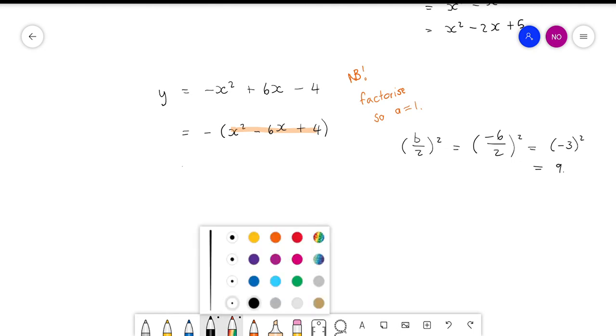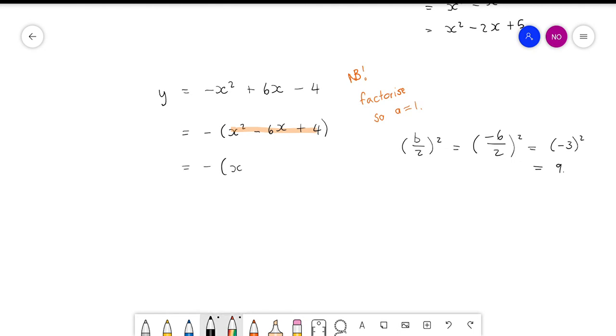Okay, so just bringing it along. Ek bring hom net saam. That part is completing the squares. Okay? Plus 9, minus 9.